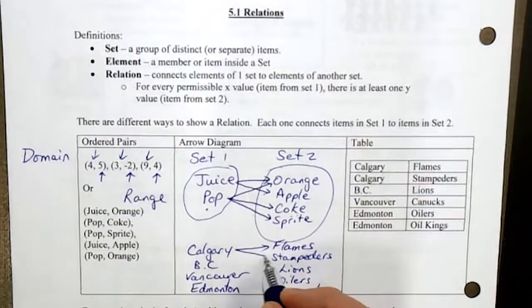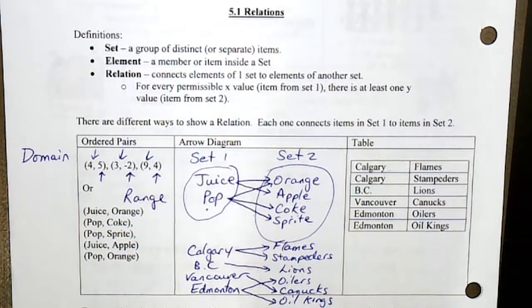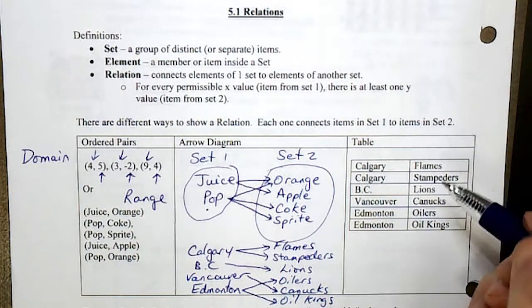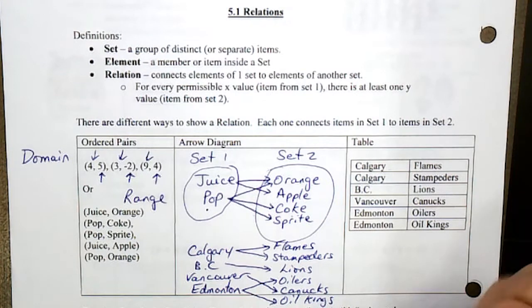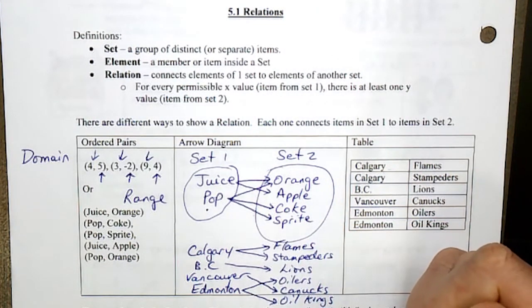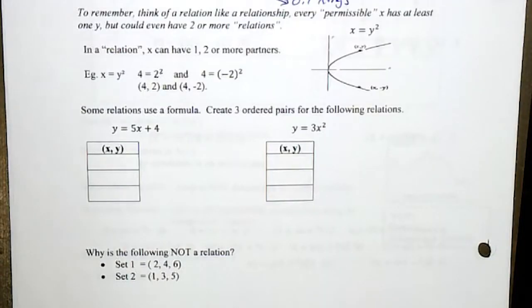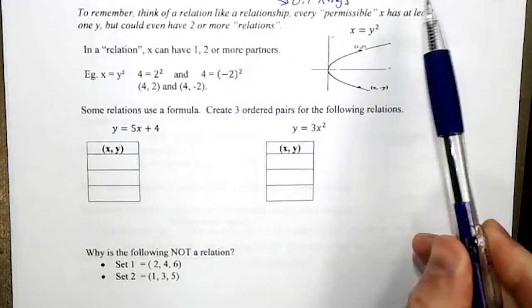Calgary to Flames, Calgary to Stampeders. So it doesn't matter the order as long as every single connection is made through an arrow. We've got set one, set two, and all the connections between the two. So we've gone over different ways. We've done ordered pairs, arrow diagrams, and a table.